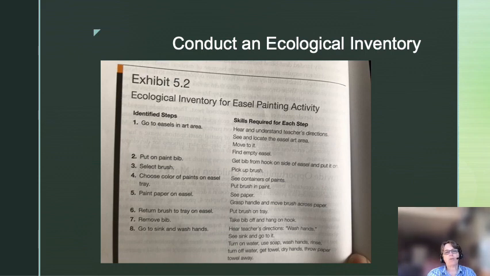So basically what you do is, let's say for example, you hear from the art teacher in this case that a student is having a difficult time participating and engaging in the tasks in art class, and you need some ideas about what accommodations or adaptations are needed. So somebody would go in and basically observe an art activity and identify or task analyze the steps of the activity, and that's what you see here on identified steps. This is taken from your textbook, figure 5.2.